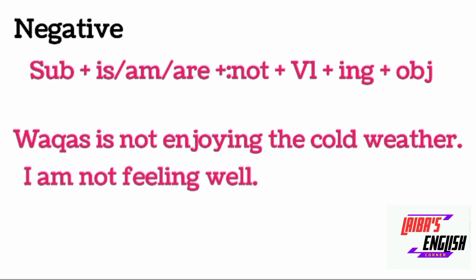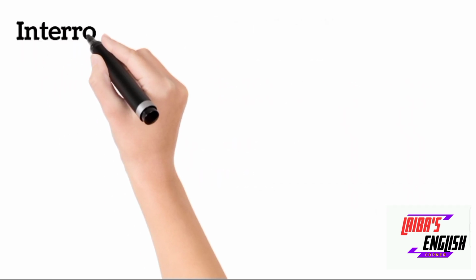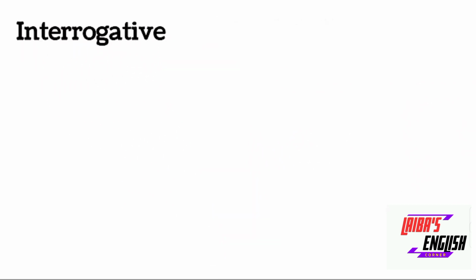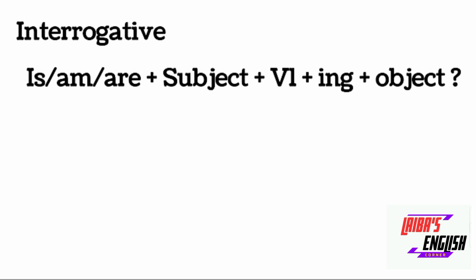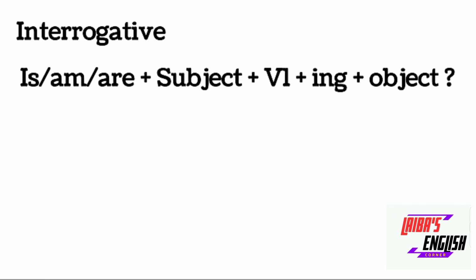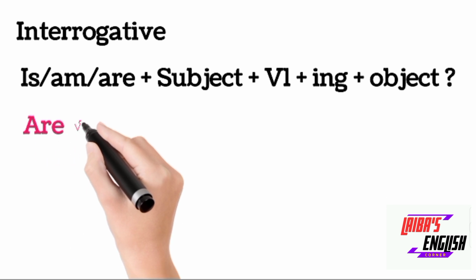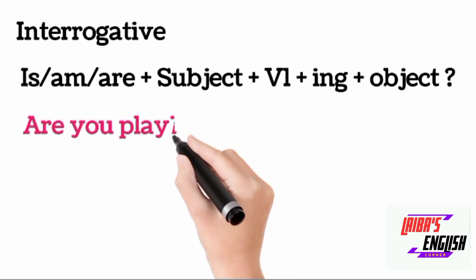The example is, Waqas is not enjoying the cold weather. Second example, I am not feeling well. We have to follow the rule and then make the sentences. Now, for the interrogative, we take the helping verb at the start: is, am, are plus subject plus verb first form plus ing plus an object.